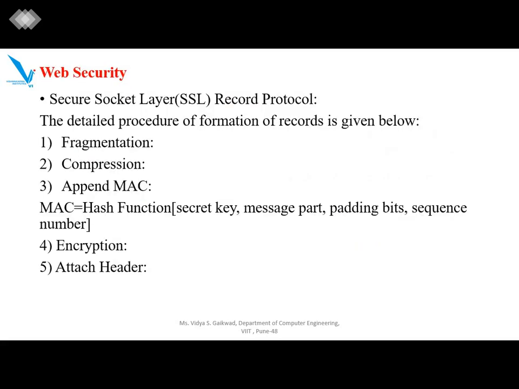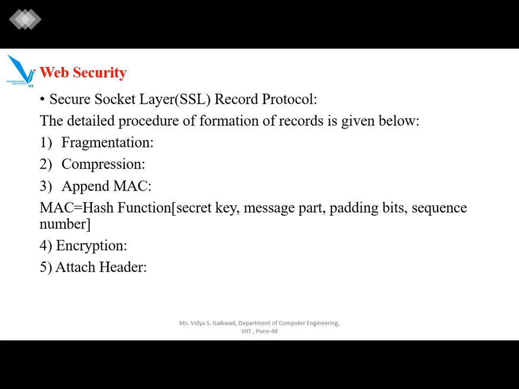Now let's see the SSL record protocol. We have seen that there are various layers such as the handshake protocol, record layer protocol, change cipher spec protocol and alert protocol. SSL uses these protocols for different purposes.